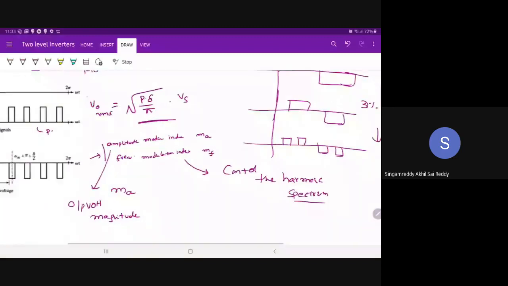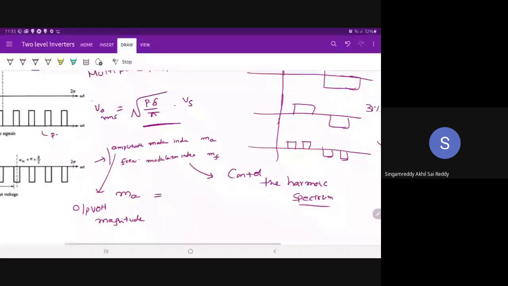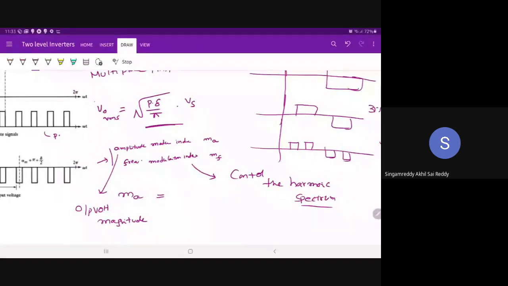MA is defined as the peak value of the modulating signal divided by the peak value of the carrier signal.